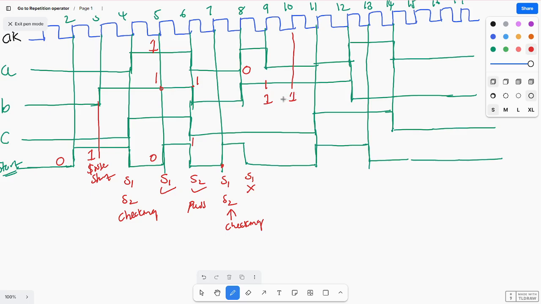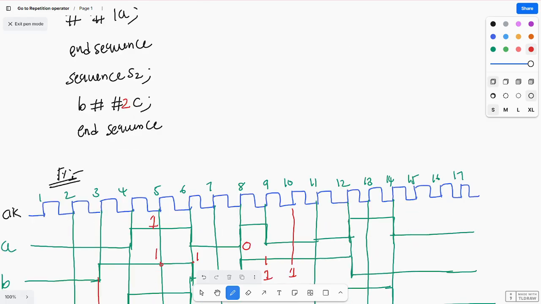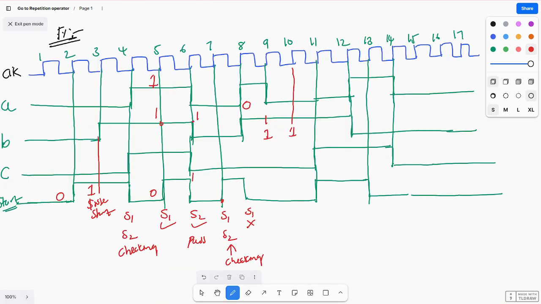But here C is checked after the next cycle after B. I need to check C also. So both S1 and S2 are 0 here, and C is also 0. So what happens?